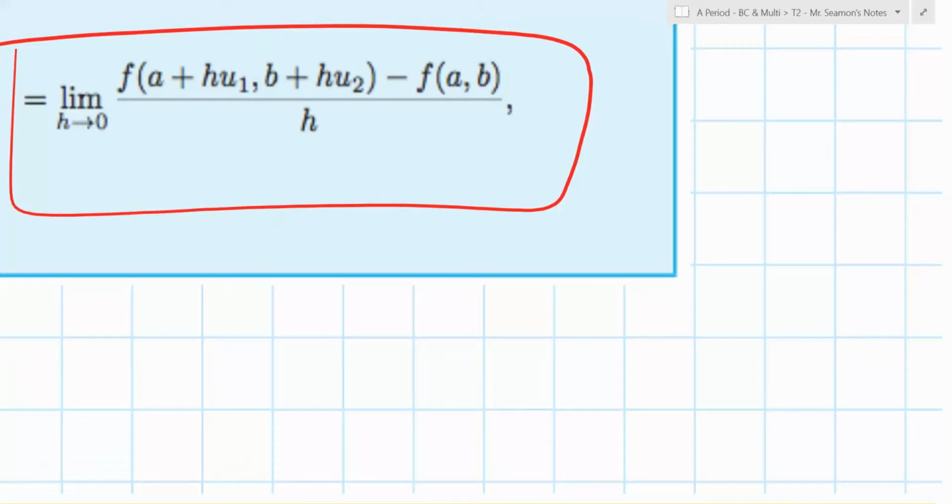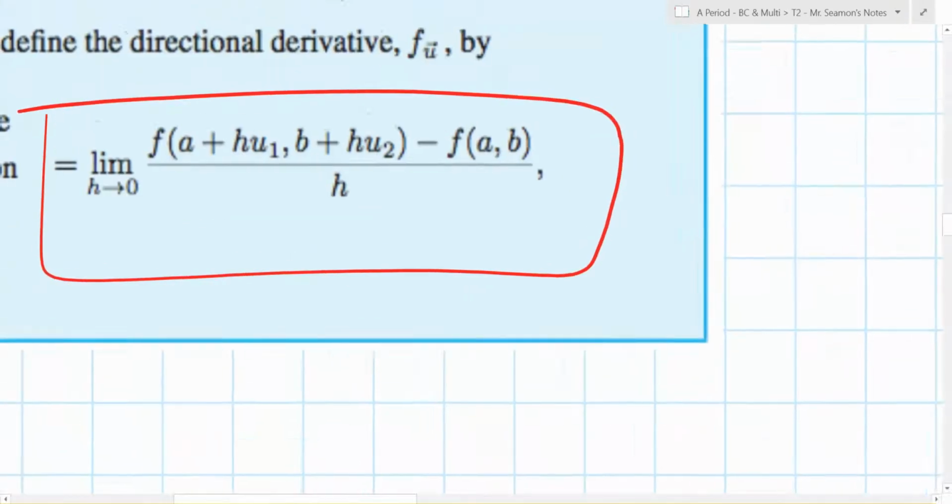Is that totally dissimilar from other things you've seen before? Is that totally new? No. It's a difference quotient, nice. What's specifically new about that statement that you haven't seen before? There are 2 things that are changing.